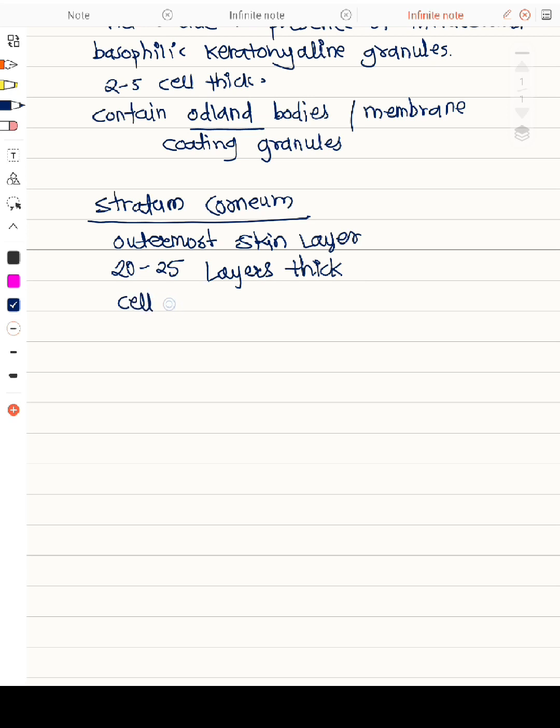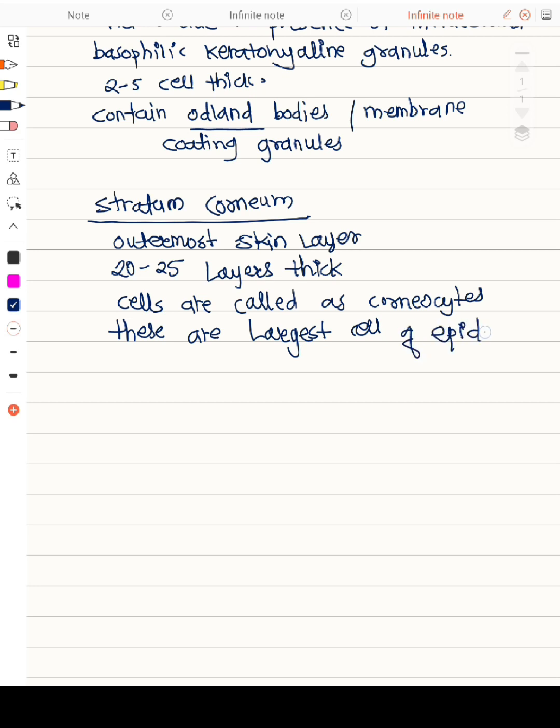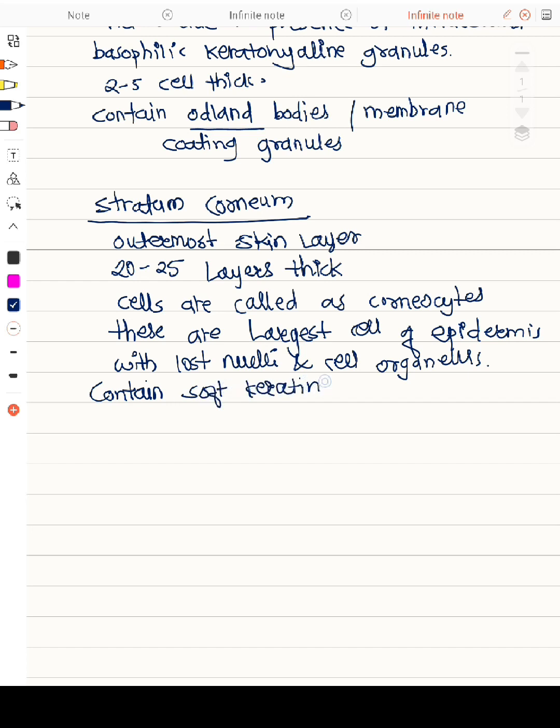Cells are called corneocytes, and these are the largest cells of the epidermis, with lost nuclei and lost cell organelles. Corneocytes contain soft keratin, high molecular weight keratins, which are stabilized by intermolecular disulfide bonds.